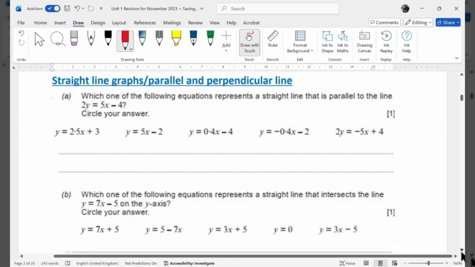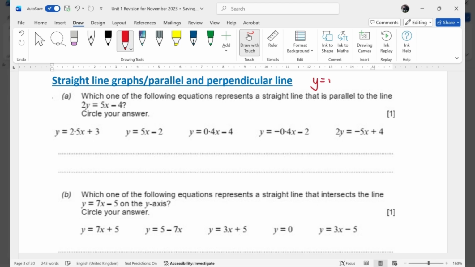Okay. Straight lines, perpendicular lines, straight line graphs, etc. It's all based around mx plus c, where m is the gradient and c is the y-intercept, where it cuts through the y-axis, be that up there or beneath. 0 could be anywhere, okay?